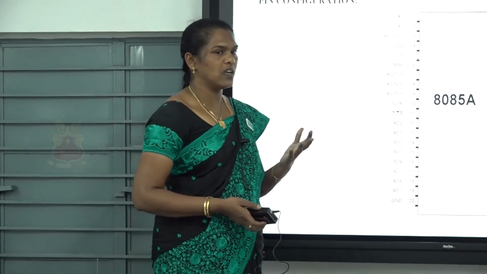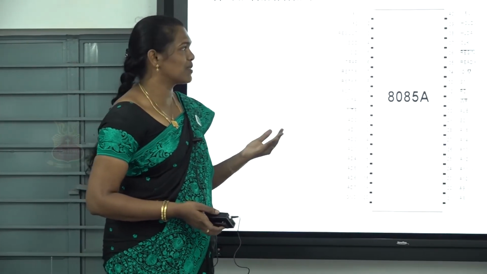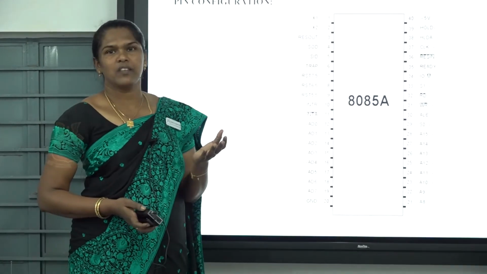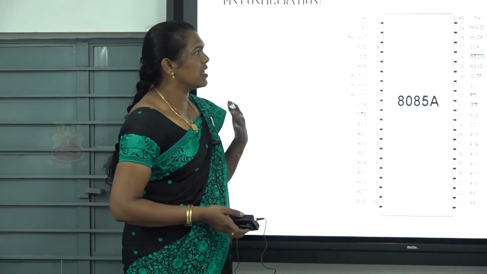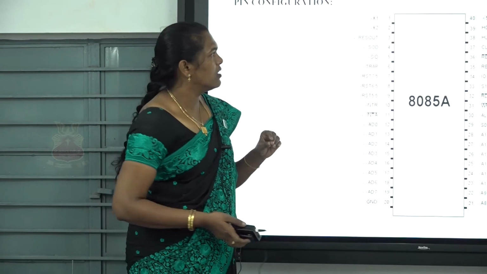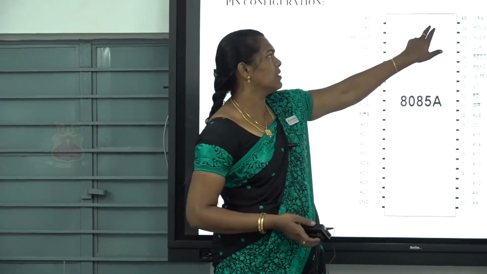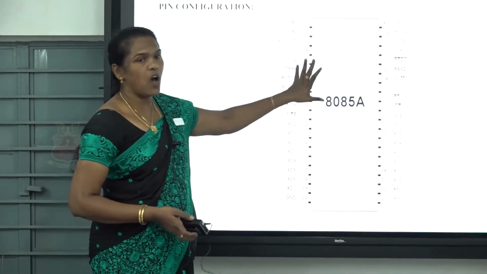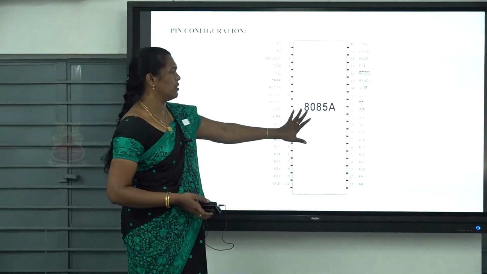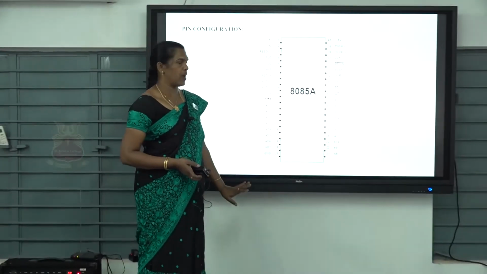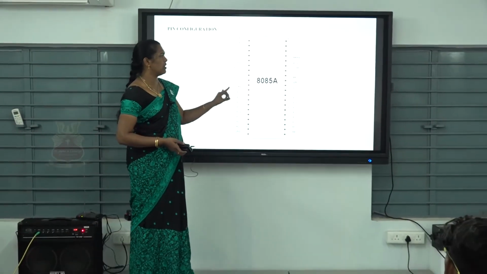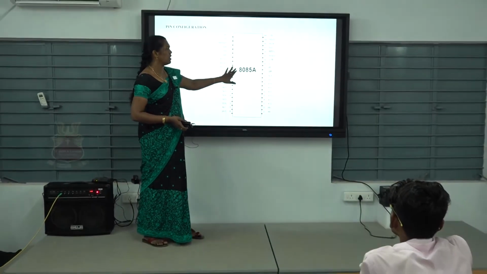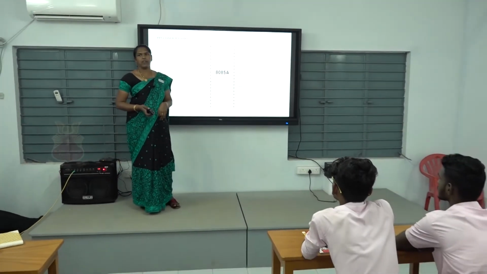What is a bus? The 16 address lines are tri-stated, that is, they do not work. Then a 5 volt supply and 3 megahertz frequency are used to operate the 8085. We have to give 5 volt and 3 megahertz, then only the 8085 will be activated.